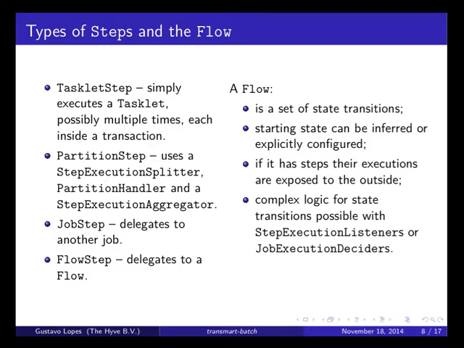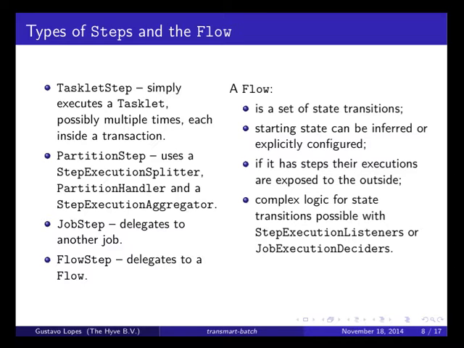And the flow step, which delegates to a flow, which is basically a set of state transitions. So there's an initial state. Instead of state transitions, the transitions are matched based on a string.